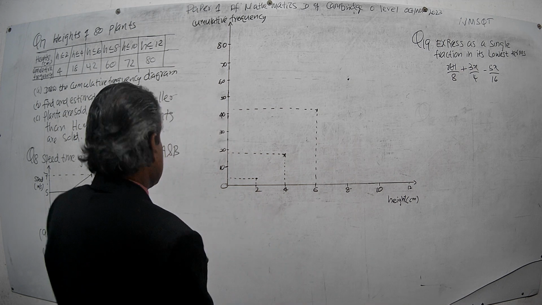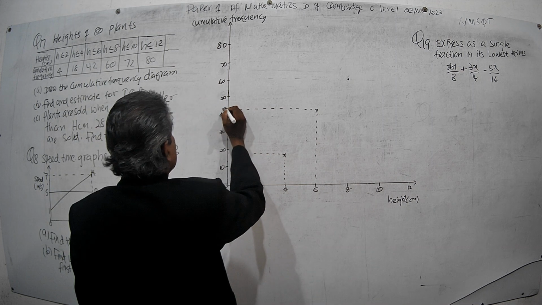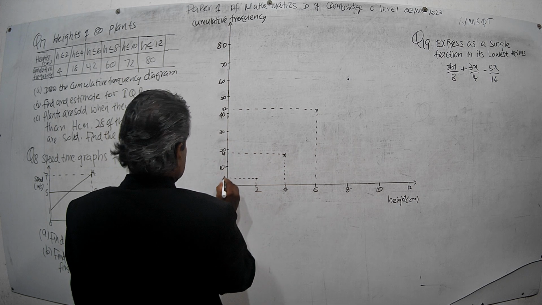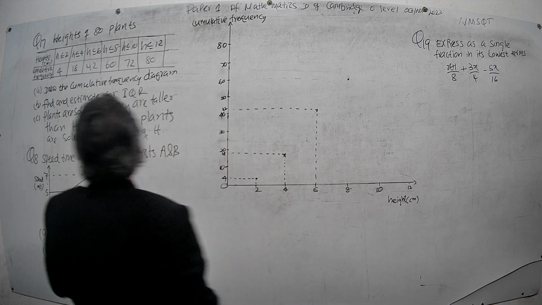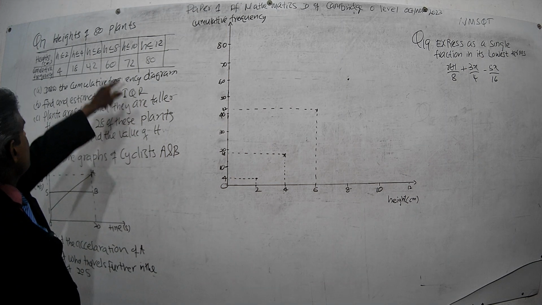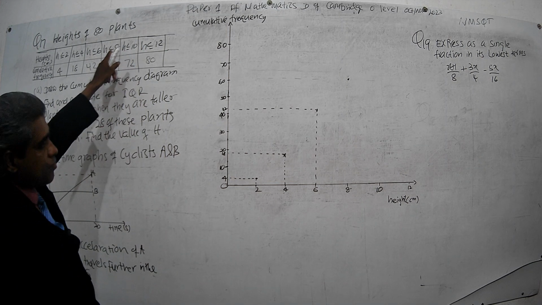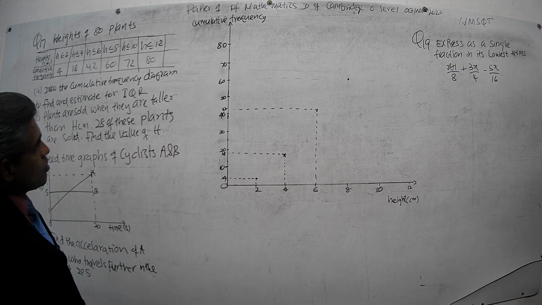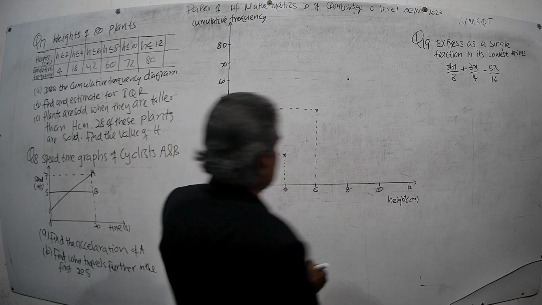Right, this is 42, this is 18, this is 4. Then next, when the height is 8 or less than 8, the cumulative frequency is 60, right? This one.